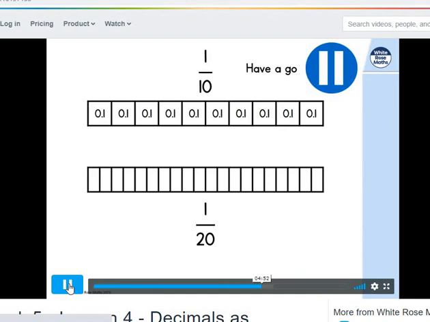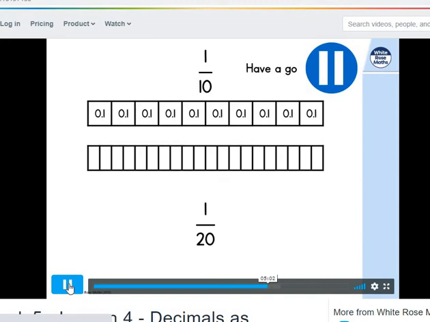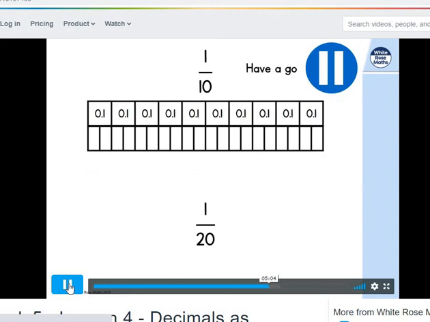What would a 20th be, though? Pause the video. Have a think for yourself first. Let's have a look. Maybe it would help if I compared them next to each other. Well, I can see that a 20th is half the size of a 10th. So what would be half of 0.1?